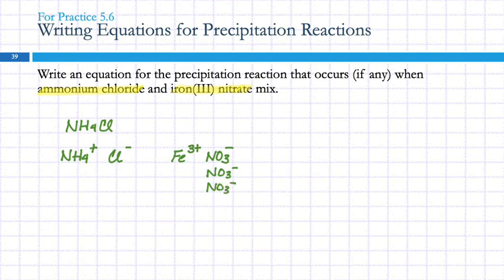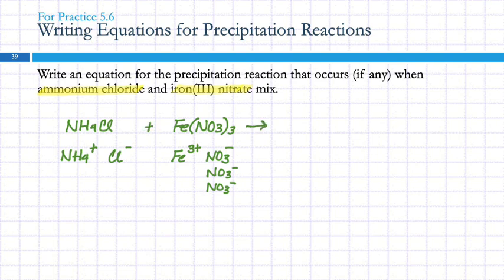So what I'm doing is I'm drawing out extras of these because I only had a -1 charge, and there was a +3 over here. I need a total of -3 charge to balance out the +3, and so I'm just drawing nitrate ions until the charges match up. And this tells me I need 3 nitrates. So the formula for this one is Fe, and that's a polyatomic ion, so I need to put parentheses around it, and a 3 on the outside. Okay? So those are my reactants.